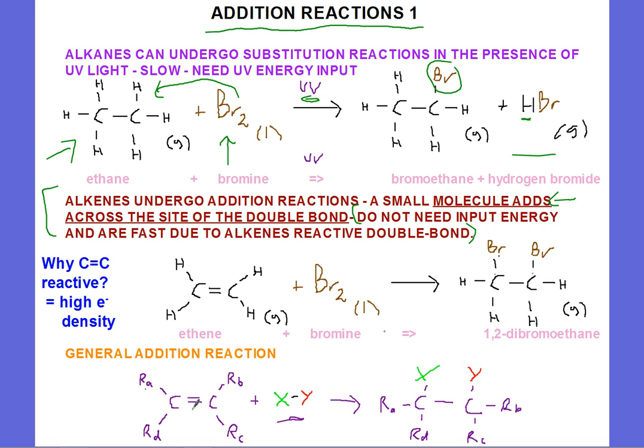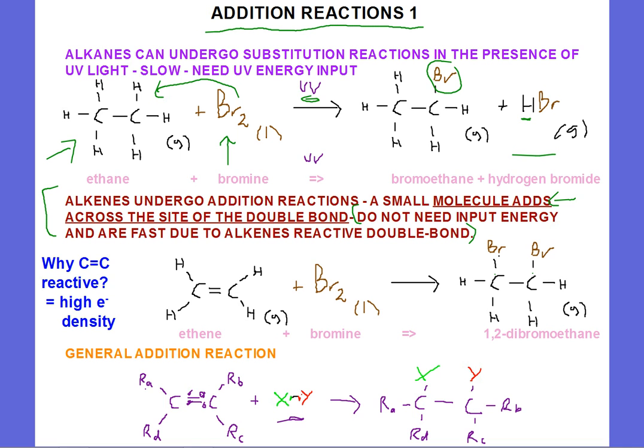So let's look at where the electrons will be. In this double bond you'd have 4 electrons. There's 1, 2, 3, and 4. Within this XY molecule, this bond here would have 1 electron from the X and would have 1 electron from the Y. And what's happening in this situation is that this double bond here is splitting, and these 2 electrons are breaking apart from each other to make new bonds.